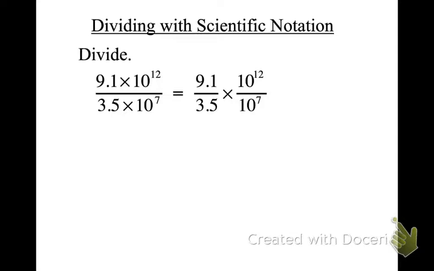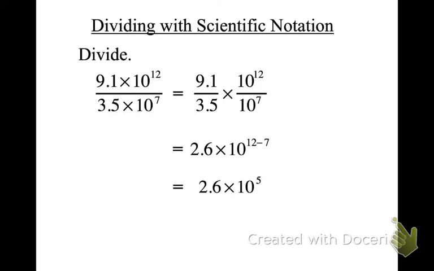Subtracting. Okay, when we multiply like bases, we add the exponents. When we divide like bases, we subtract the exponents. Okay, so I end up with 2.6 times 10 to the 5th.